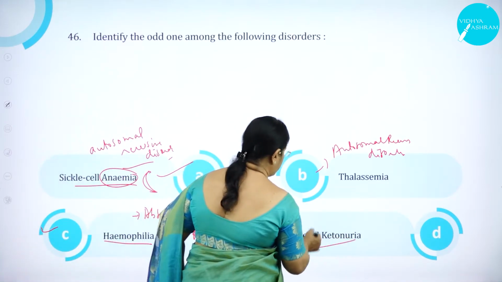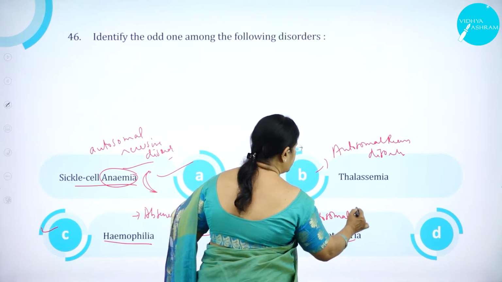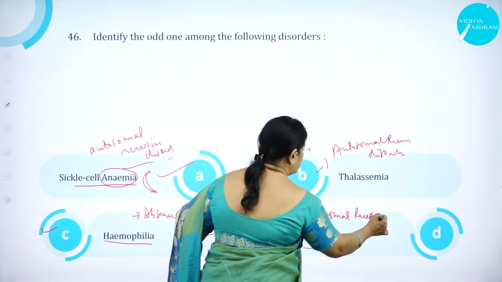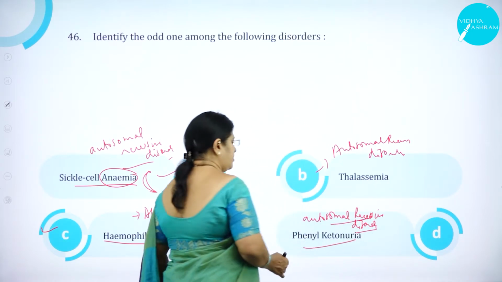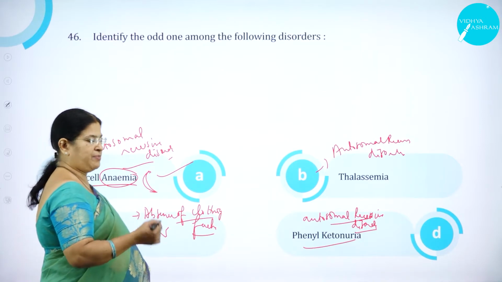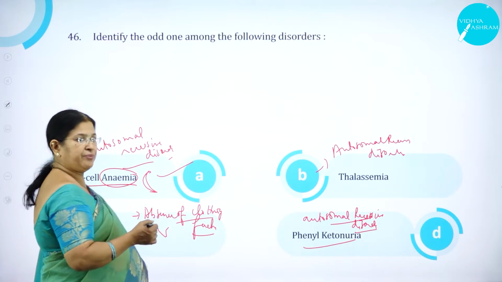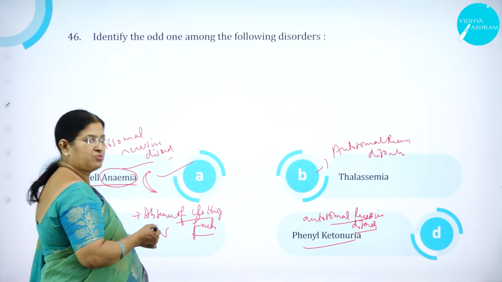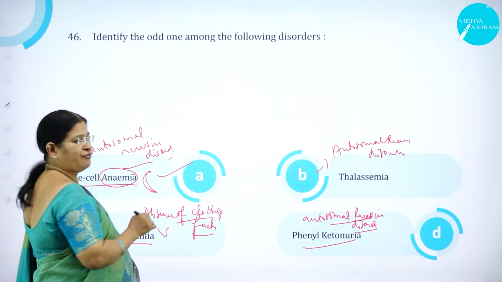Phenylketonuria is again an autosomal recessive disorder, right, where the phenylalanine is not metabolized and it is going to be stored in the brain cells, where it will lead to mental retardation. Hence we call them PKU idiots.